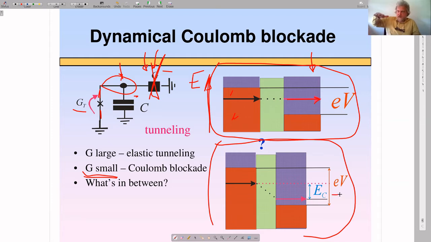That's why it has to go lower in energy. And that is only possible if the voltage applied is bigger than the corresponding charging energy, exceeds the Coulomb blockade threshold.